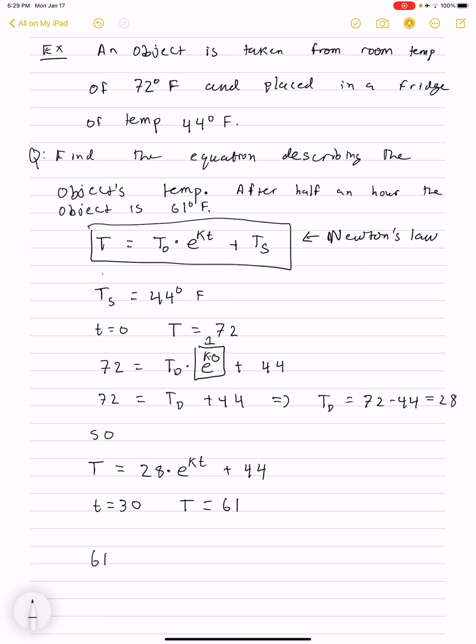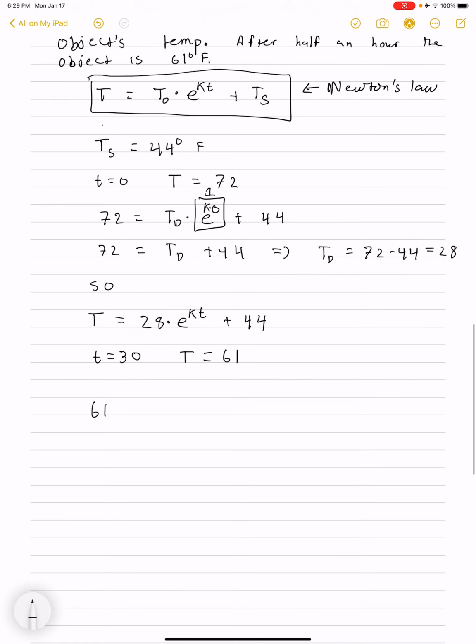So that means 61 is going to be equal to 28 times e to the 30k plus 44. And now we have to solve for k. So now I have 61 minus 44, which is going to be equal to 28 times e to the 30k.